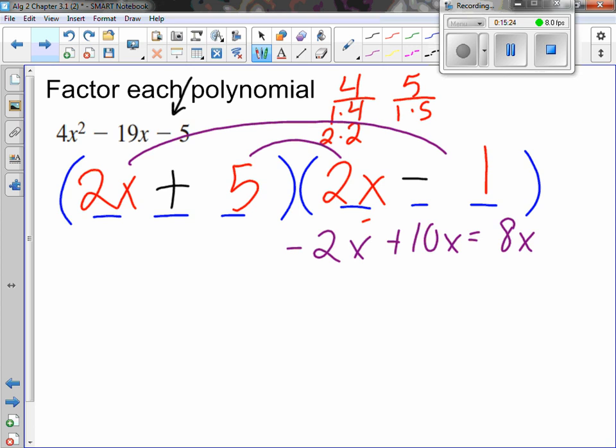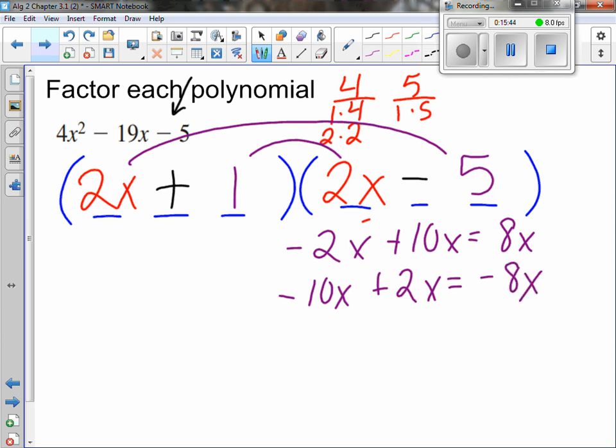Now let's try that. 2x times negative 5 is negative 10x, yes? 1 times 2x is plus 2x. That gives us negative 8x. So we can't change 1 and 5, right?